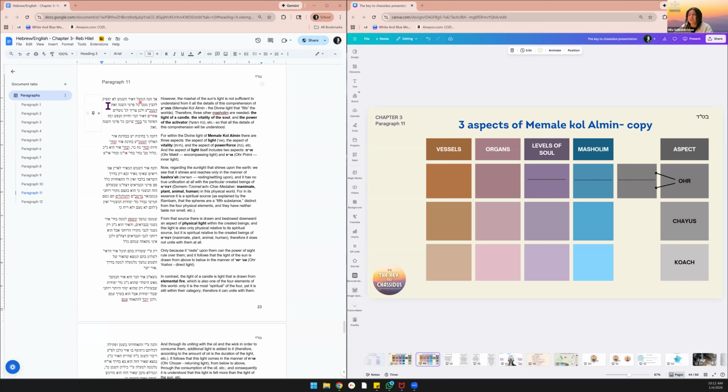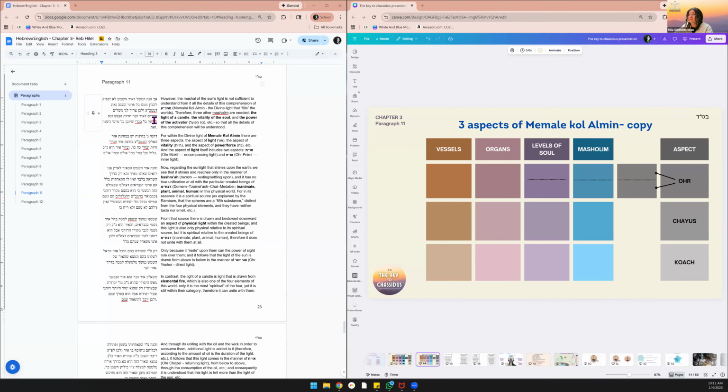Achina hamashal de'or hashemesh lo yaspik lahavin mimenu kol pirtei hasagazos. And from the light of Shemesh, of the sun, it's not enough for us to understand all the details of this concept of the Mamalikul Almin, of the light of Hashem that actually penetrates the world and creates the world.